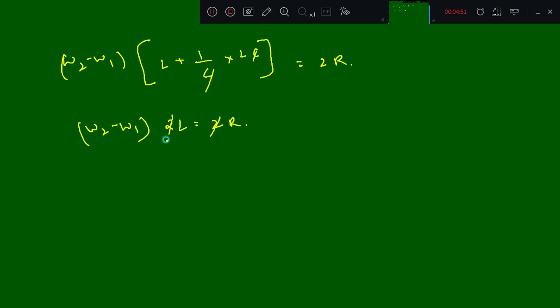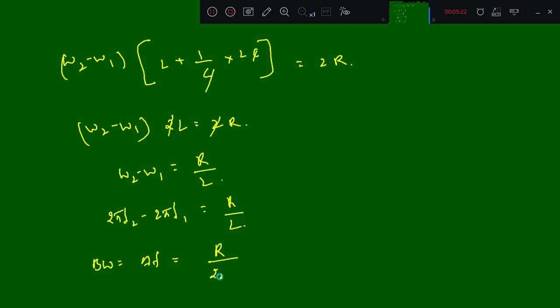Again the 2 cancels, so omega 2 minus omega 1 is equal to R by L. If I simplify further, 2 pi f2 minus 2 pi f1 is equal to R by L. Taking 2 pi outside, the bandwidth, or delta f, is equal to R divided by 2 pi L. So this is the expression for bandwidth.